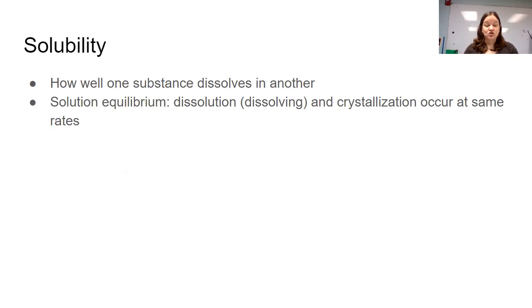We can describe how well one thing dissolves in another thing, and when we are describing that, we say we're describing the solubility. So with solubility, what we're describing is once we reach solution equilibrium. We've already talked about equilibrium before.